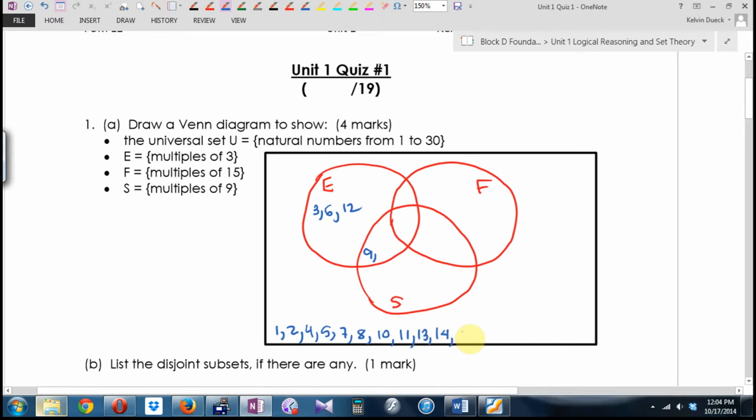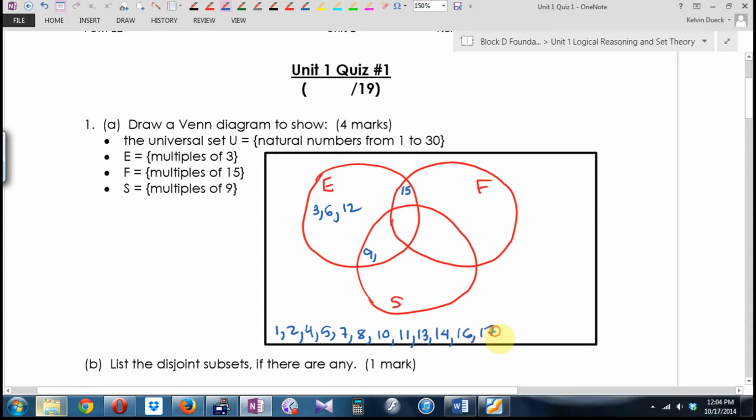Now 15 would go in the 3 circle, in circle E. 15 will also go in circle F. Will it go in circle S? So 15 has to go right there. Has to.